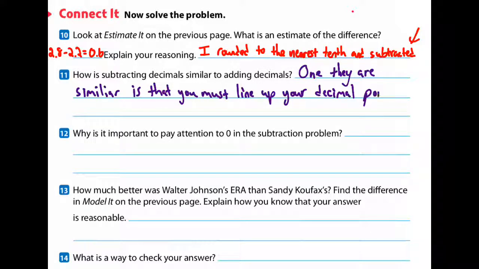Now, there are other ways they are similar, but that, to me, is the big one, how subtracting and adding decimals are similar.